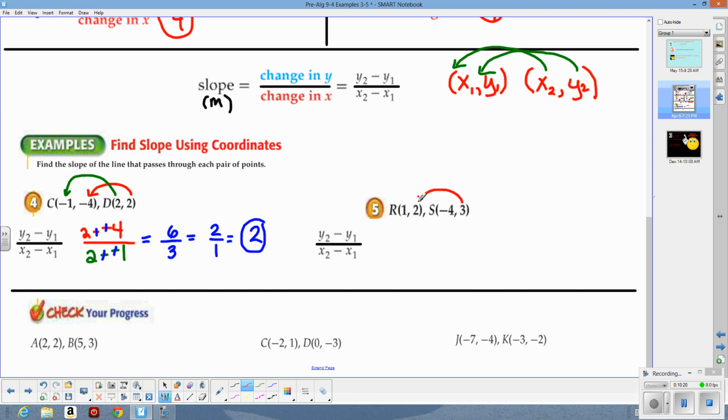Change in the y's, or y2 minus y1, over x2 minus x1, so -4 minus 1. Now if we go and do the math, 3 minus 2 is 1, and -4 take away 1 is -5.